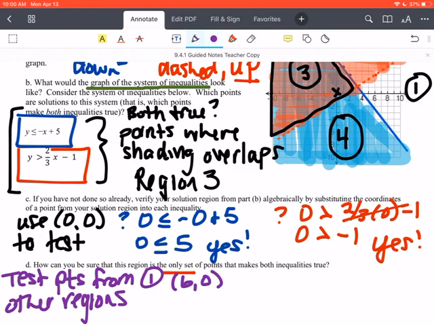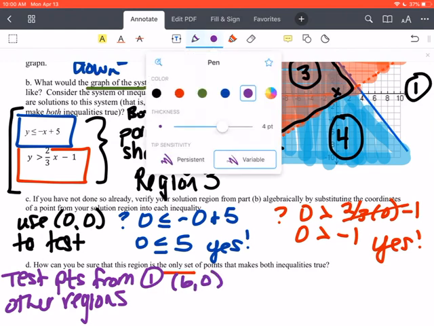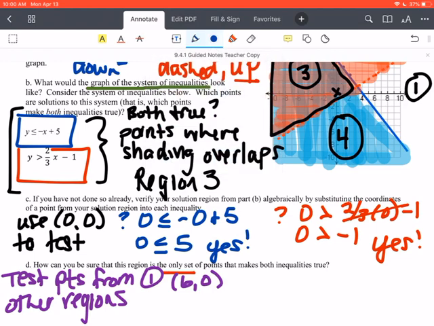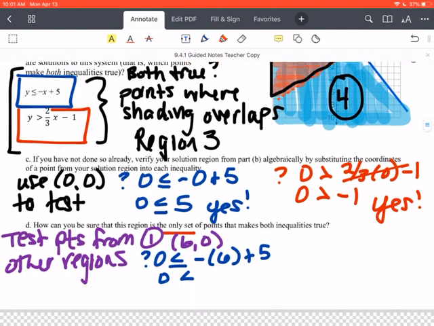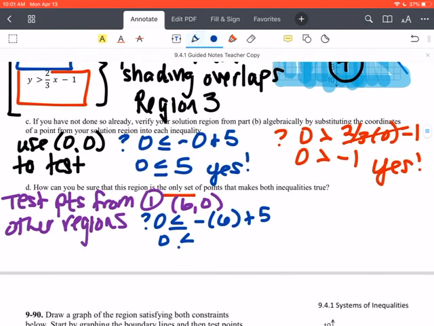So if I look at the blue equation, is 0 less than or equal to negative 6 plus 5? Is 0 less than or equal to, what's negative 6 plus 5? Negative 1.